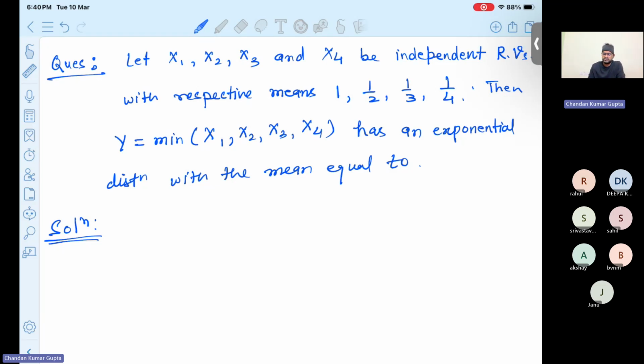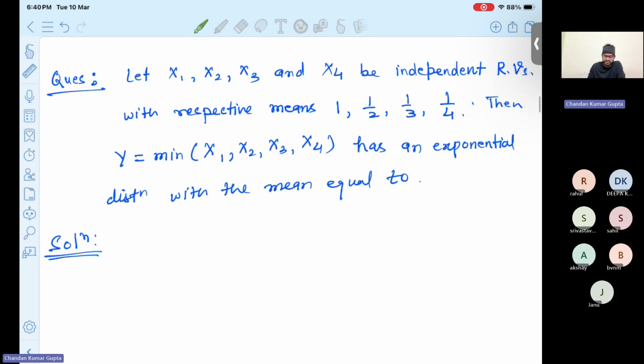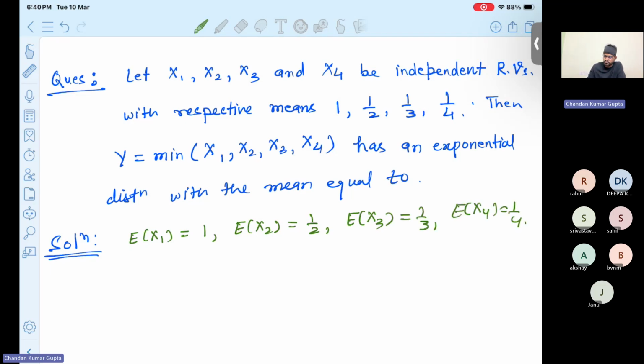Let me write what is given in the question. We are given expectation of x1 is equal to 1, expectation of x2 equal to 1 by 2, expectation of x3 equal to 1 by 3, and expectation of x4 equal to 1 by 4.